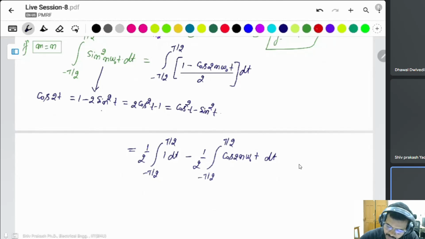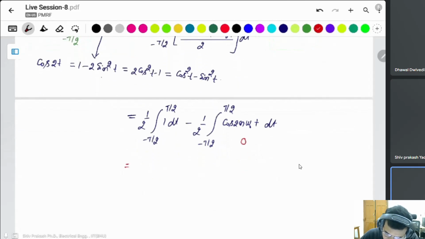This is also the same as the previous one, cos omega t integration for a time period. This is also 0. Only this one is remaining here, and this will be half t. Putting the value of upper limit and lower limit, this will be T by 2 minus minus plus T by 2. This is T by 2, the answer.